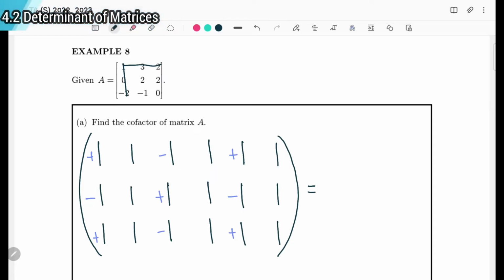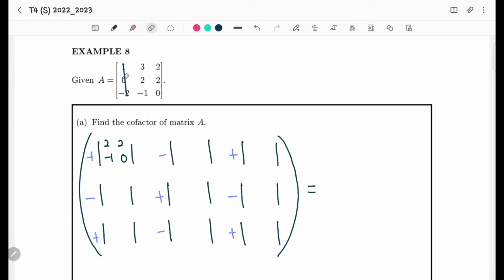This one would be 2, 2, negative 1, 0. The submatrix for 1, 2 is 0, 2, negative 2, 0. The submatrix for 1, 3 is 0, 2, negative 2, negative 1.